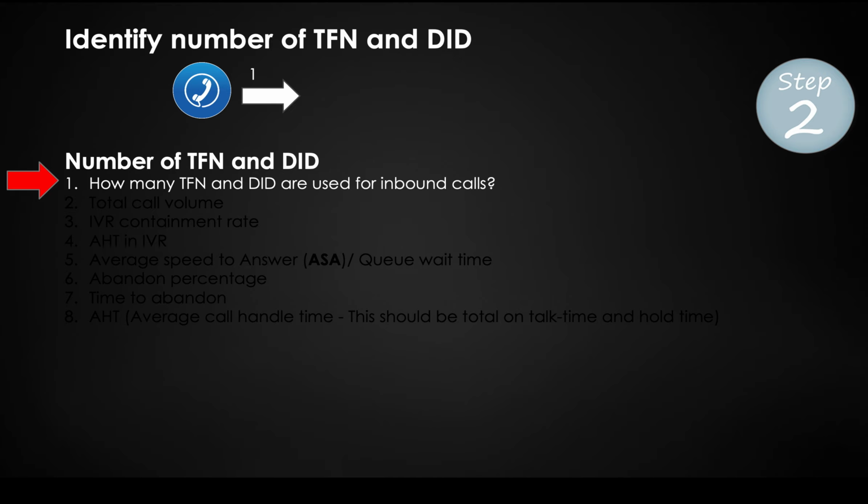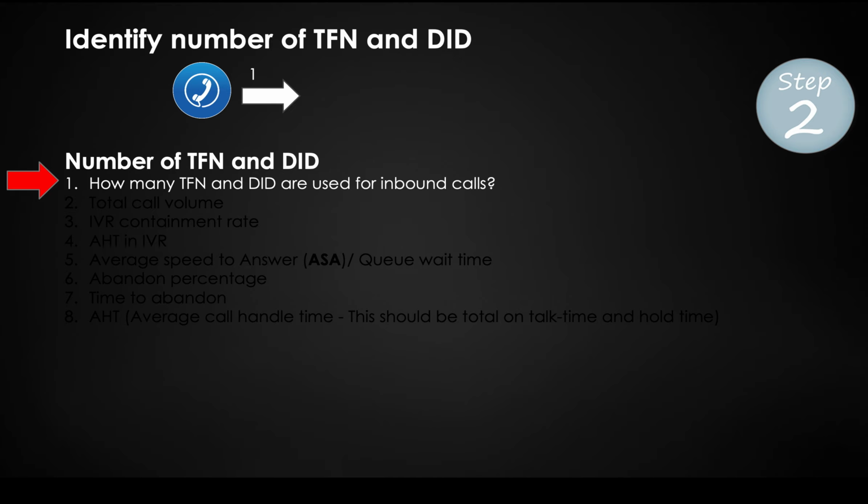Let's take an example that for a DID or a toll-free number you pay $1 a month. If you have 50 toll-free numbers or 50 DIDs, you may end up paying $50 a month. And this is just an example. The exact pricing is something I will explain in part 2 of the session.